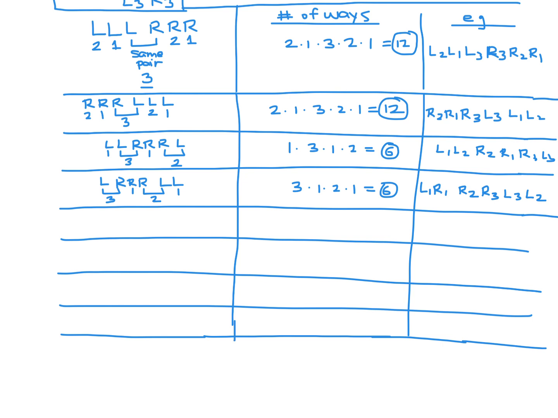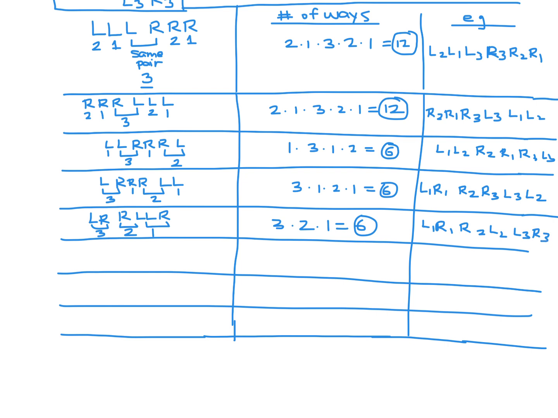The other ones I'll list because I think by now you guys get the hang of this, right? So L, R, L, L, R. Same. So it's going to be 3, 2, 1. 3 times 2 times 1 is 6. And then an example would be L1, R1, R2, L2, L3, R3.